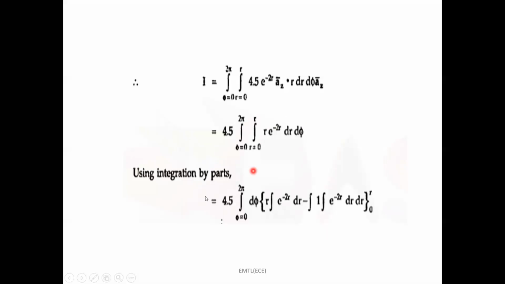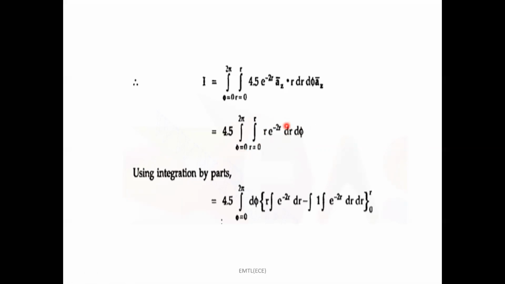Now, 4.5 is a constant value. Here r into e power minus 2r into dr. Here the d phi is constant, and applying integration for phi from 0 to 2 pi, it is equivalent to 2 pi. It is clear.